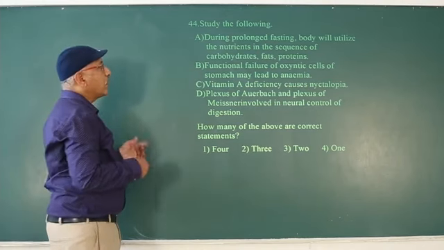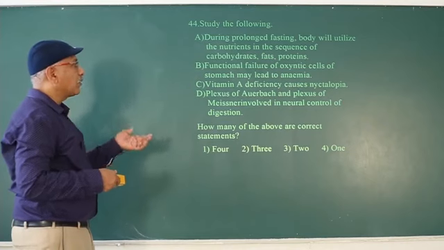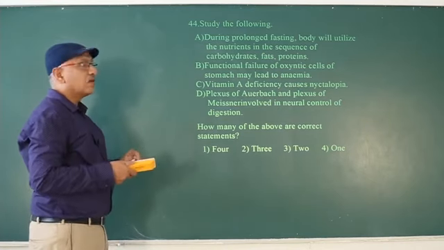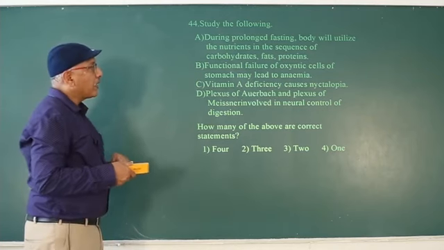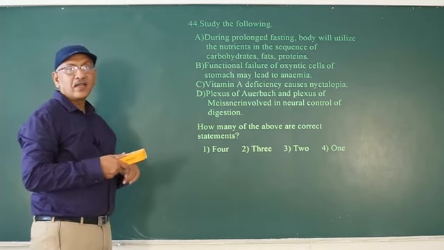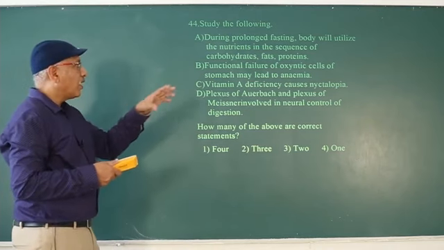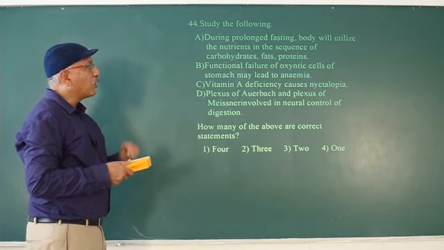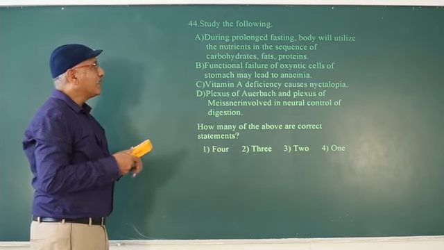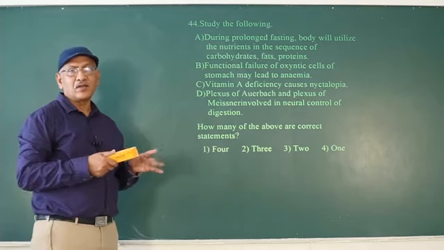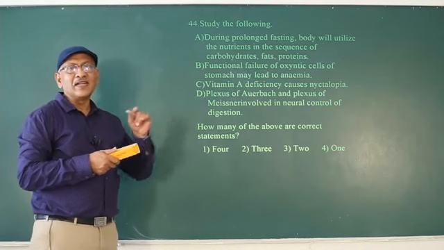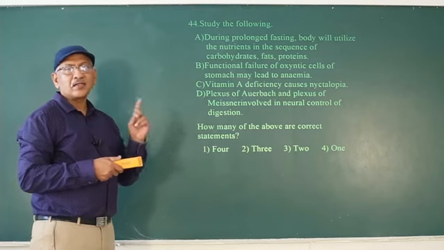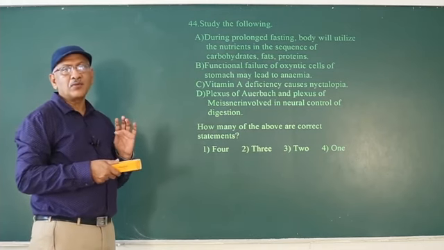Correct. Functional failure of oxyntic cells of the stomach may lead to anemia. Correct. Oxyntic cells, also known as parietal cells, secrete HCl. They also release Castle's intrinsic factor. In the absence of Castle's intrinsic factor, cyanocobalamin, vitamin B12, is not absorbed.